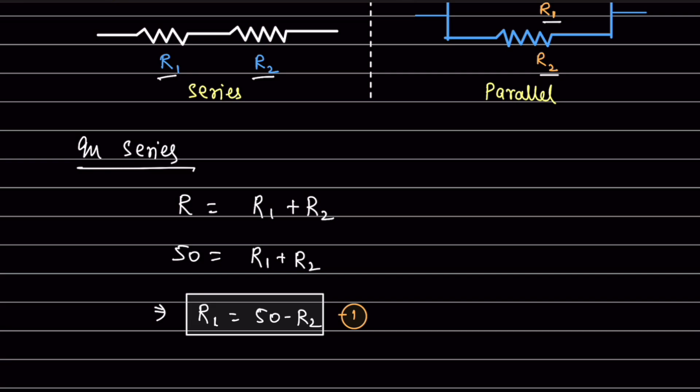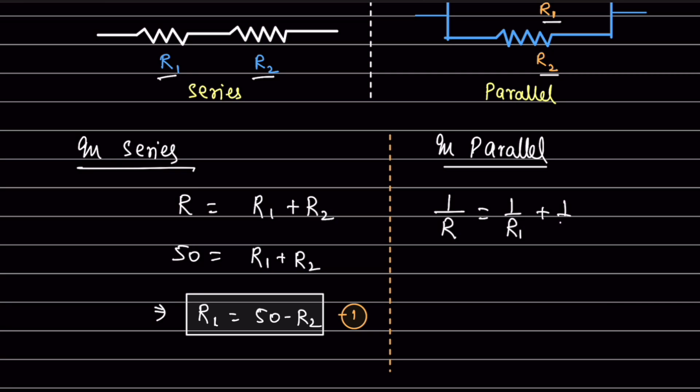Similarly, in parallel arrangement, 1 by R is equal to 1 by R1 plus 1 by R2. So here R is 12. 1 by R1, we can write it as 1 by (50 minus R2) from equation 1, plus 1 by R2.